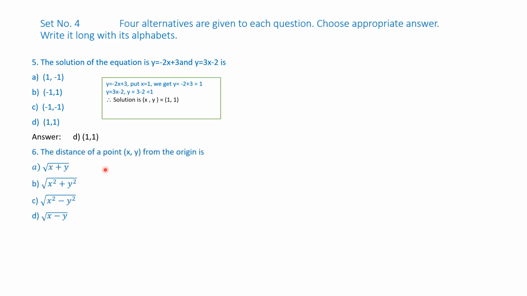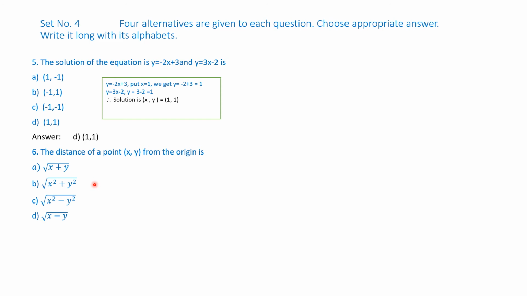Question number 6. The distance of a point (x, y) from the origin is, he is asking the actual distance. The options are: A, square root of x plus y; B, square root of x square plus y square; C, square root of x square minus y square; D, square root of x minus y.